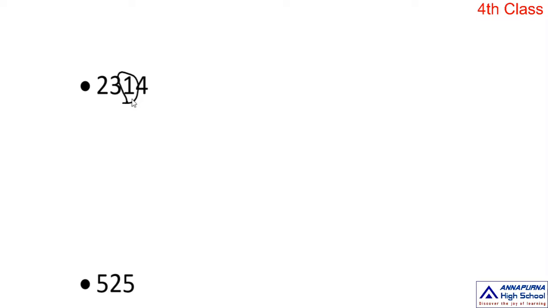So this is very important. 1 is in the tens place. So what are the nearest tens for 14? It lies between 10 and 20. So what are the numbers? 2310 or 2320.